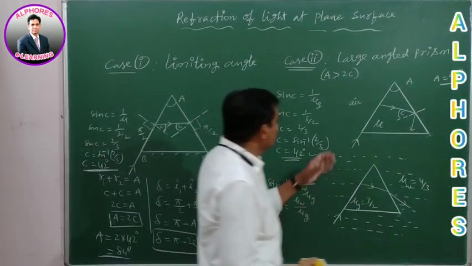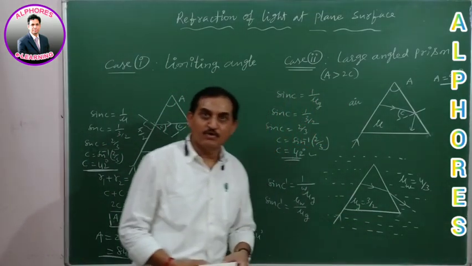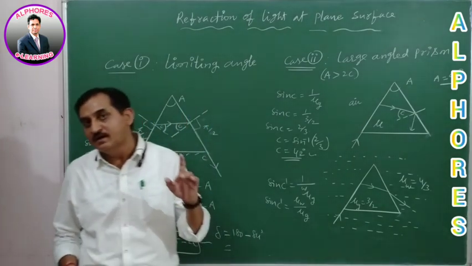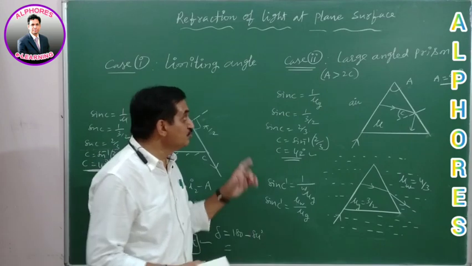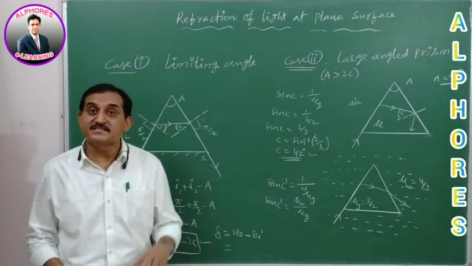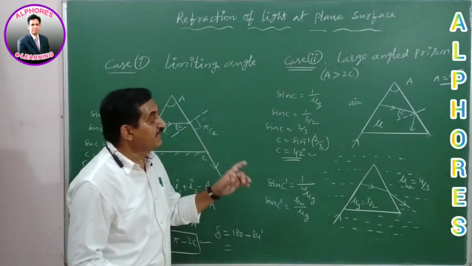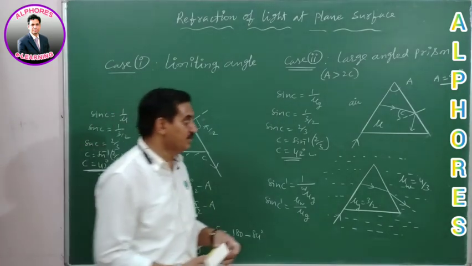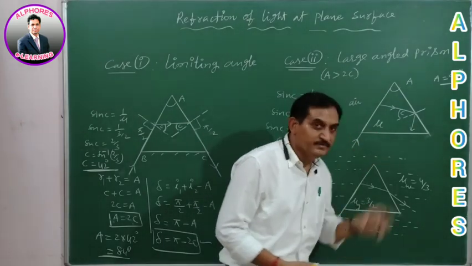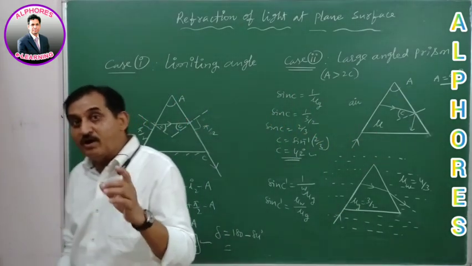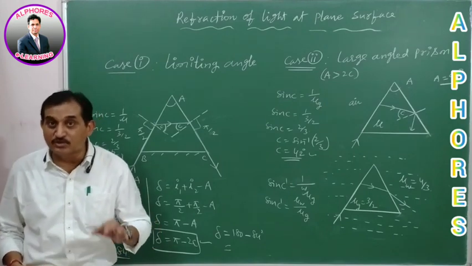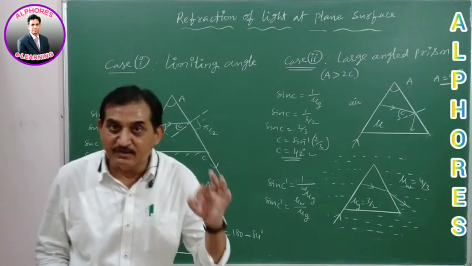Now this is known as a large angled prism. Large angled prism in the sense whenever the angle of prism is greater than 2C, so instead of grazing or refraction at the second refracting surface, the light undergoes total internal reflection. Here TIR takes place. Therefore, this is taken to be a large angled prism. These large angled prisms act as good reflectors. Why?